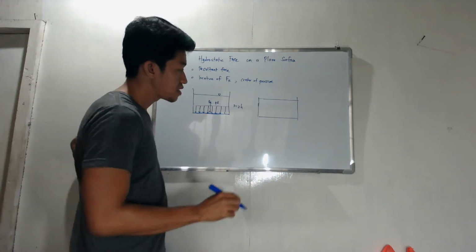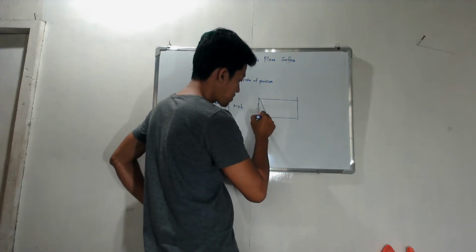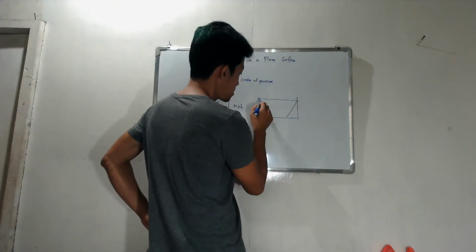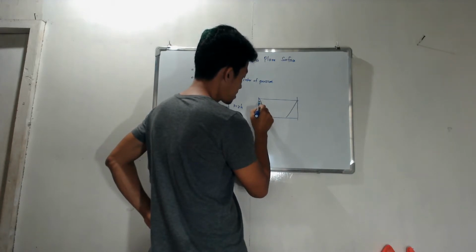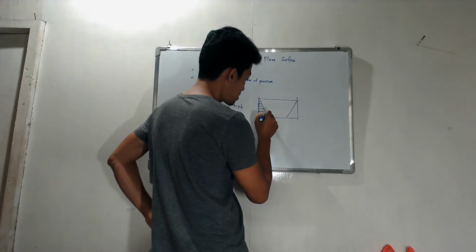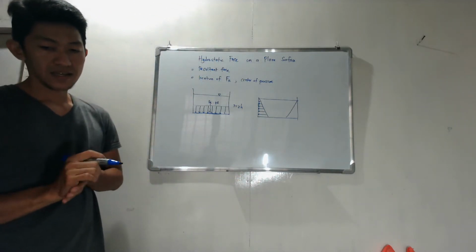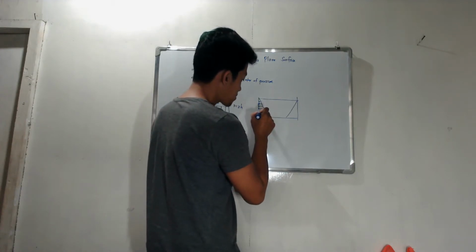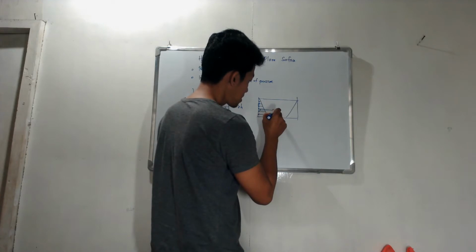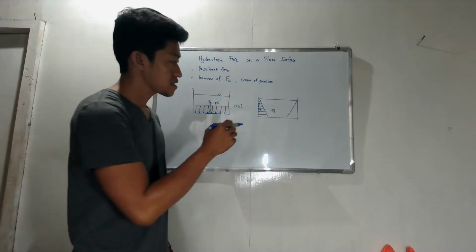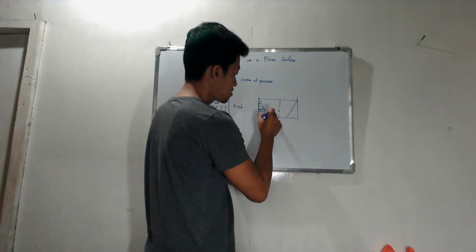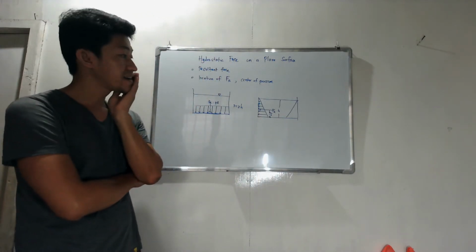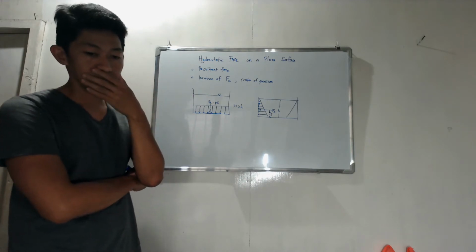As you all know, the pressure increases with depth. The deeper you go, the greater the pressure, so the force is increasing. And since this is just a triangle, your resultant force is somewhere here, at a height of h/3. Okay? This is from statics.